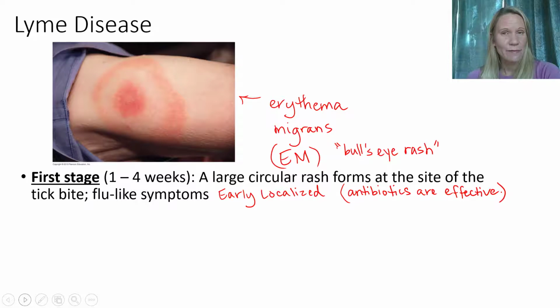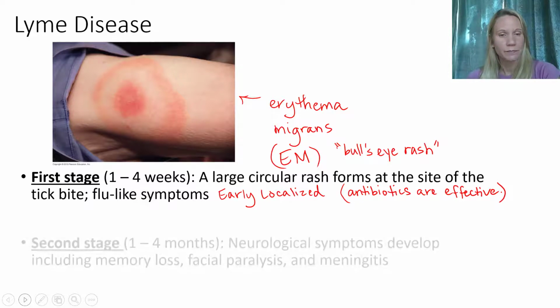And if you know anybody who's contracted Lyme disease or know anything about what's going on in the medical community regarding Lyme disease, you might know that there's a lot of controversy and a lot of disagreement among patients and their doctors about what's happening in later stages of Lyme disease.